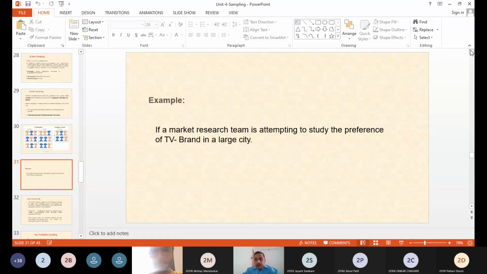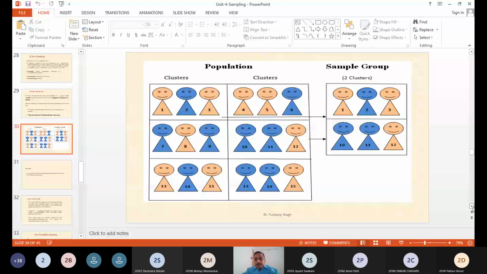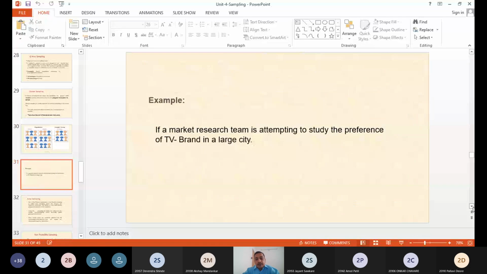For cluster sampling, we take one example. Suppose a market research team or a researcher is attempting to study the preference of TV brands in a large city. So the researcher wants to study the preference of people for a TV brand in the large city. He will divide the entire city into different clusters. These clusters will be homogeneous between themselves, but there will be dissimilarity within the group.